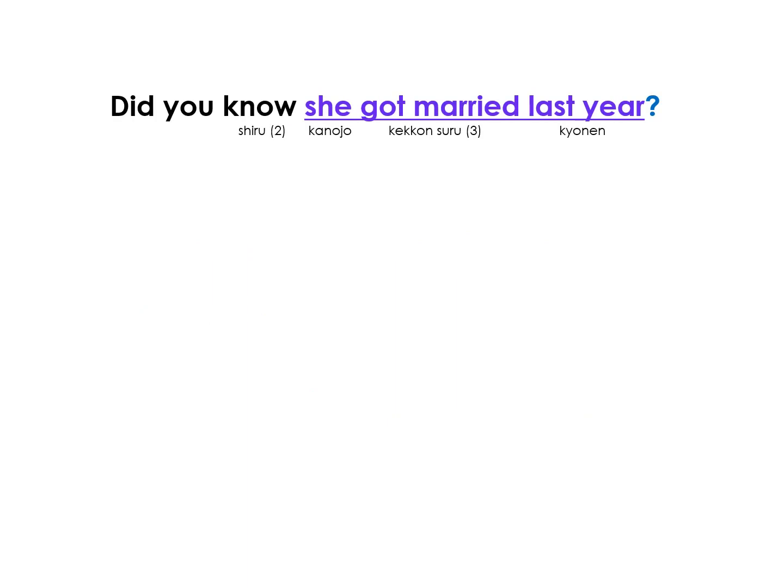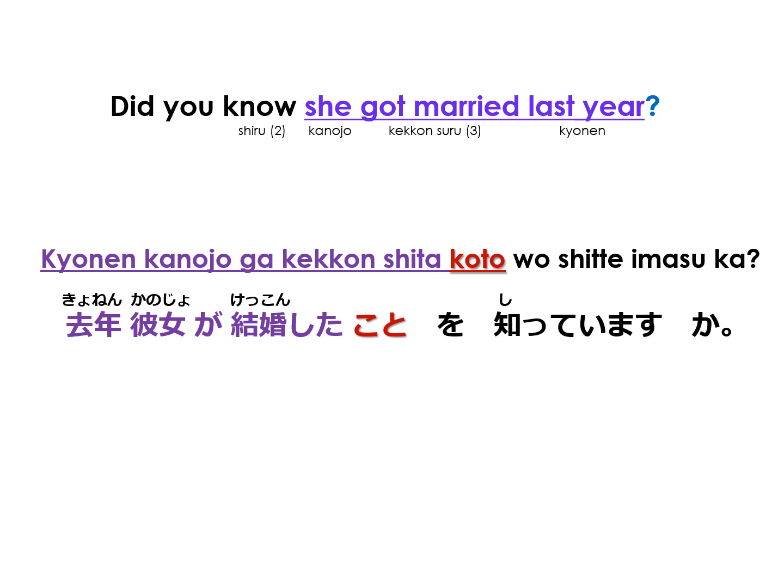Next example, did you know she got married last year? She got married last year needs to be nominalized as it's a direct object of the whole sentence. Let's use KOTO. 去年、彼女が結婚したことを知っていますか? Again, note that the subject of the subordinate clause kanojo takes the subject particle ga.